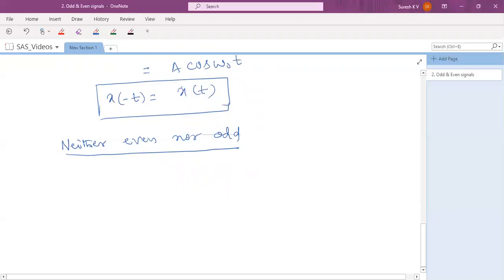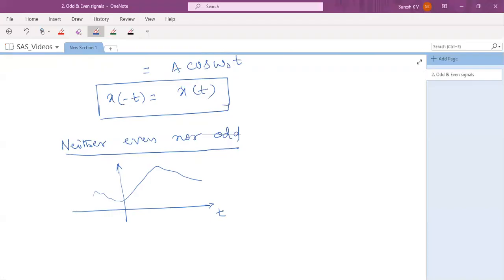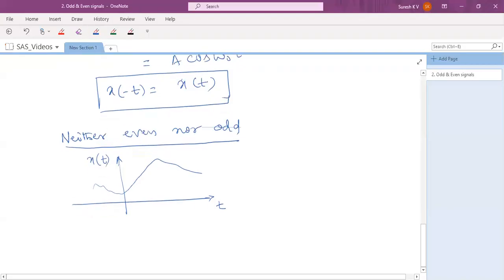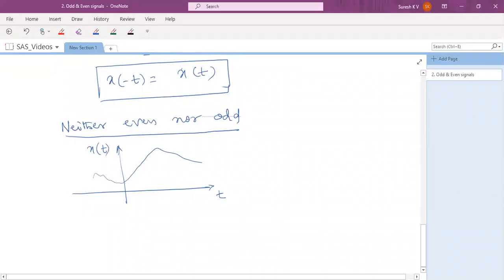Let me give you a simple example. This is an arbitrary signal. You can see that neither the positive values of time amplitudes are same as negative values of time amplitudes, nor is it satisfying the definition of odd signal. So there are signals which can neither be classified into even or odd.